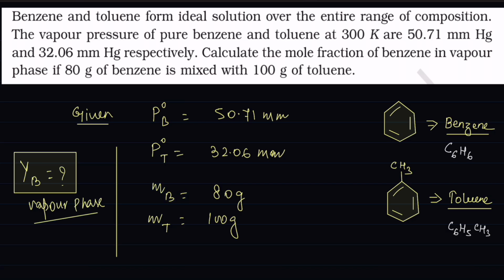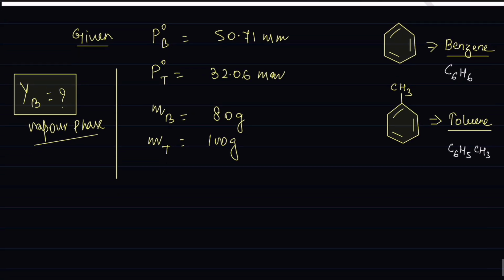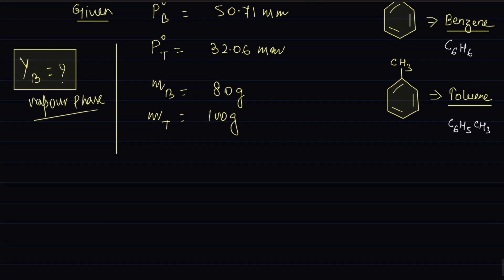Let's create some idea how to solve this question. We have to use Dalton's law, and Dalton's law is: pressure of benzene in a mixture is equal to total pressure into the mole fraction of benzene.